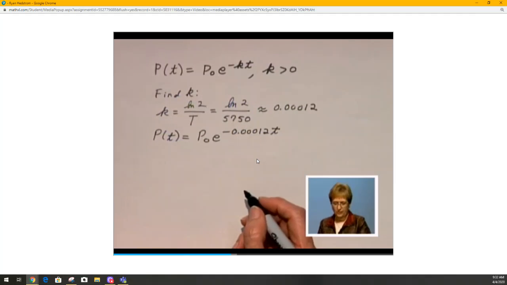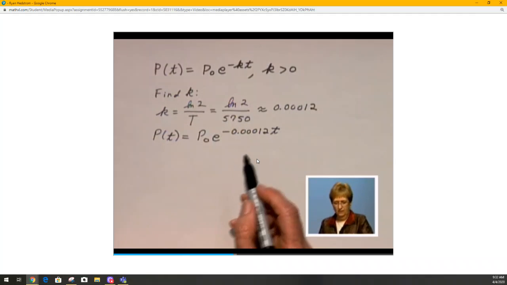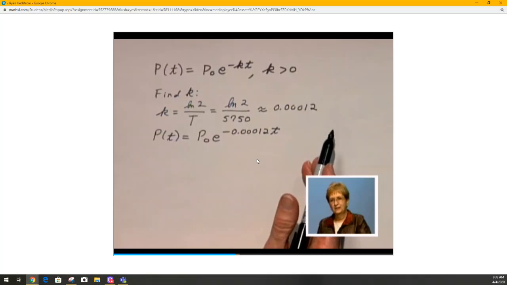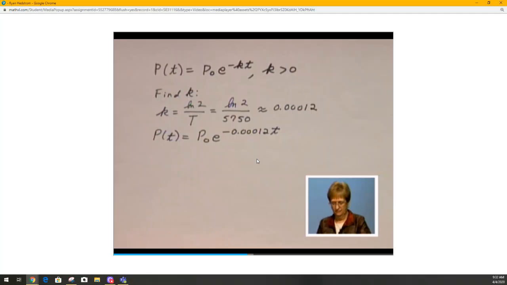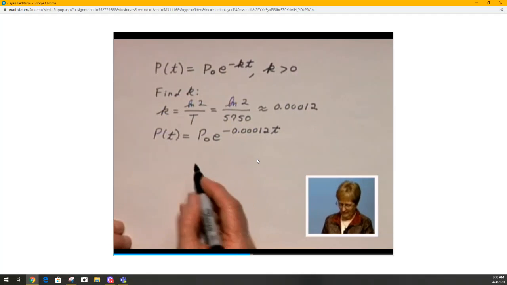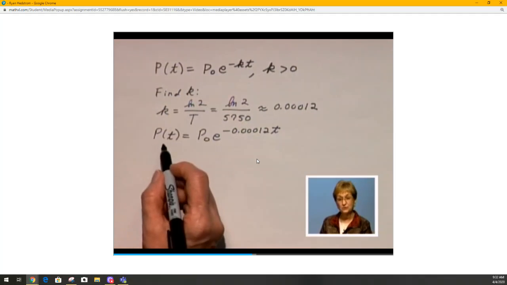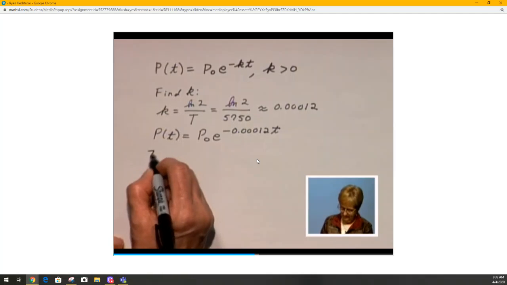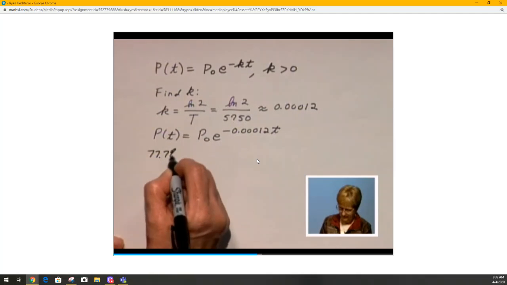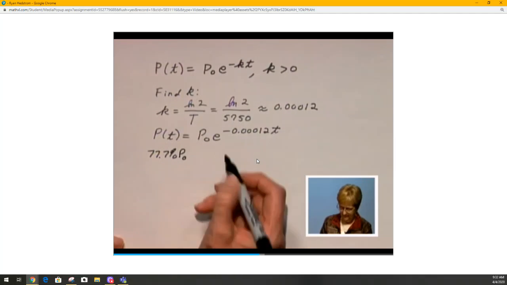Now we know that the wrappings have lost 22.3% of the carbon-14, which means that 77.7% of the carbon remains. So we can substitute for P of t 77.7% of the original amount, P sub 0.